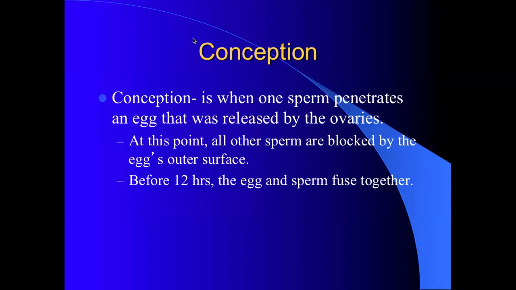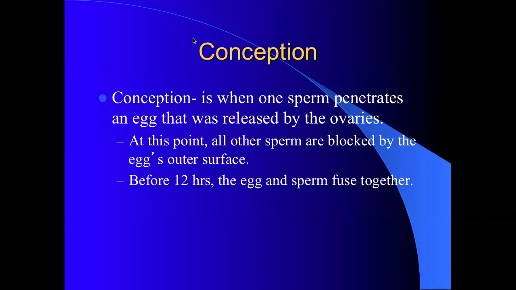Fraternal twins or dizygotic twins is when you have two eggs released from the ovaries instead of one, and both of those get fertilized. Now, that's how we get twins. It's not that more than one sperm penetrated one egg. That's not what's going on here.